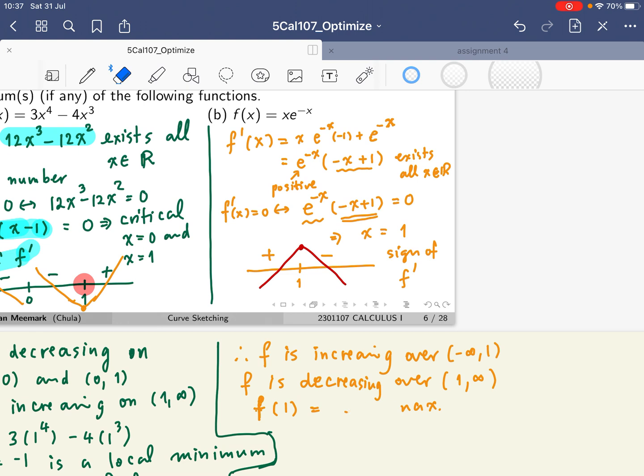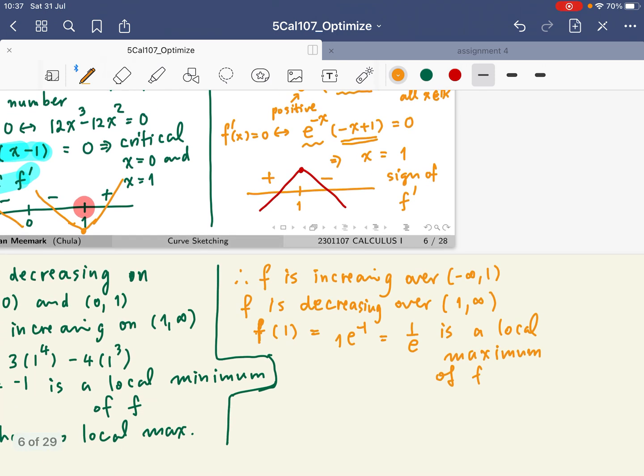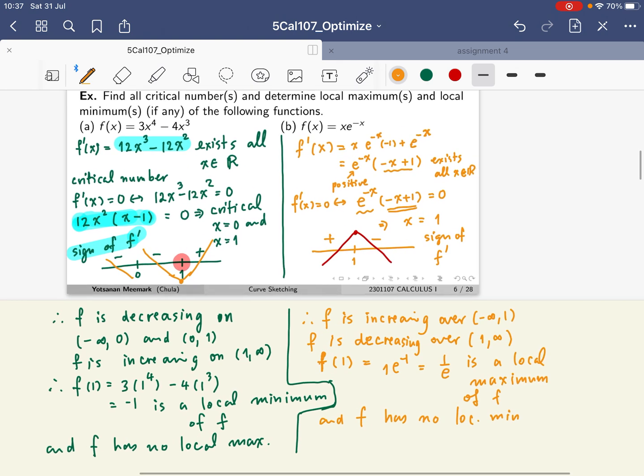So you can say that your f at 1 is actually what? It's actually 1 times e raised to the power 1, which is 1 over e, is a local maximum of this function. But your f has no local min. You see, this one has no local min.